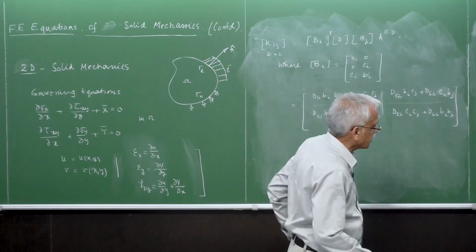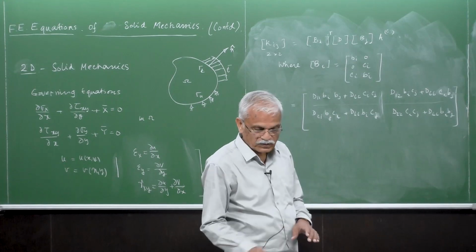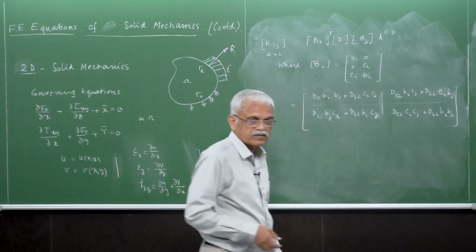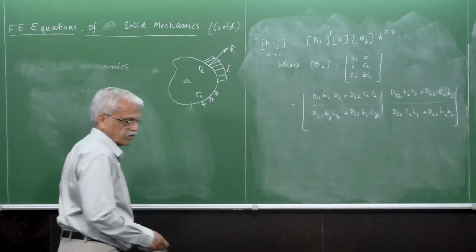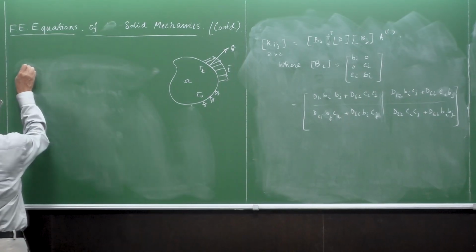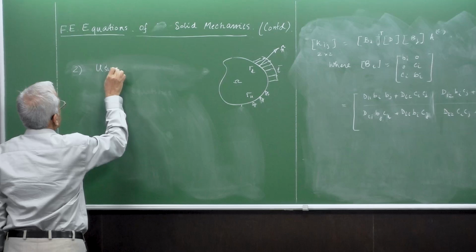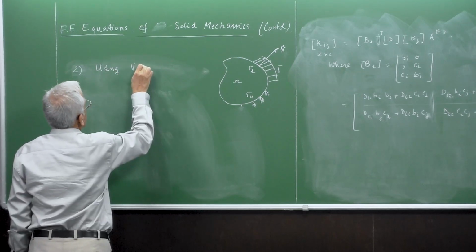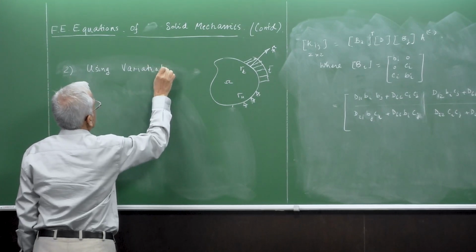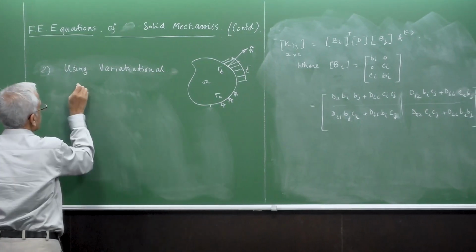Okay. So now we will see another appealing approach based on the variational formulation, the same solid mechanics continuing. So we will look at the second approach based on using the variational approach or variational method.